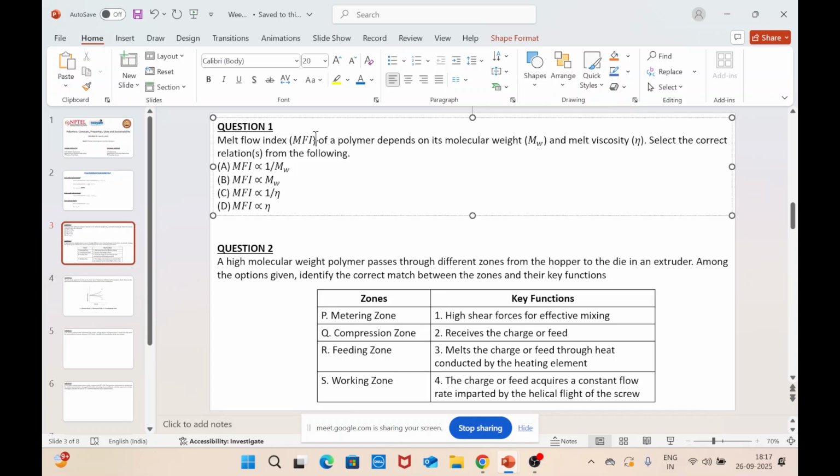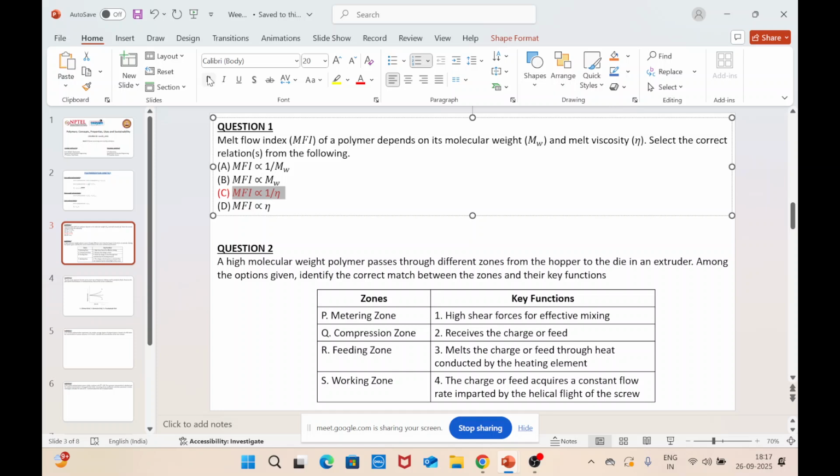So ease of flow of polymer means the viscosity of that polymer melt should be low. So higher the melt flow index, the viscosity should be low, which means it is going to be inversely proportional.